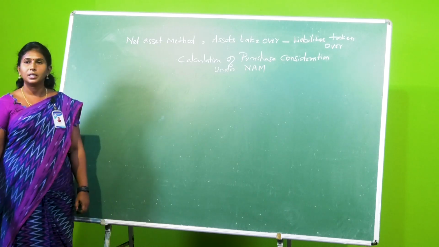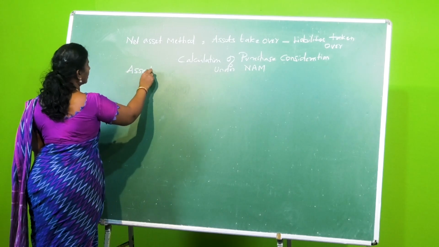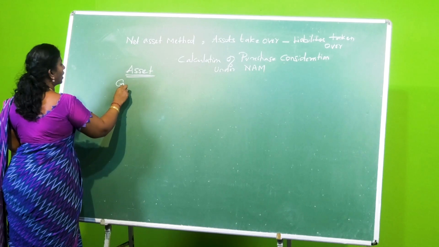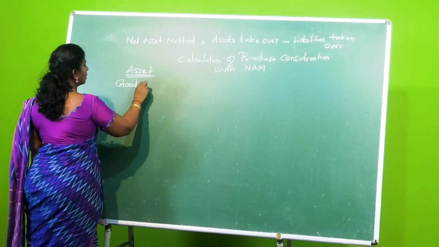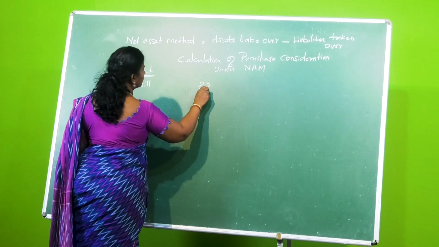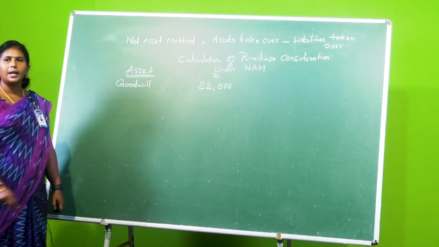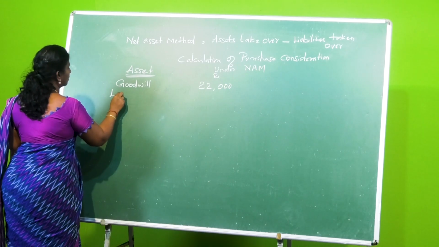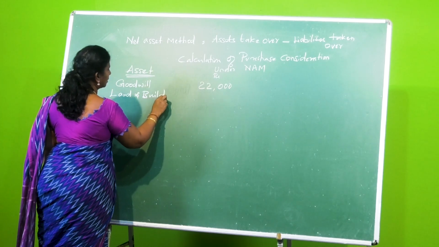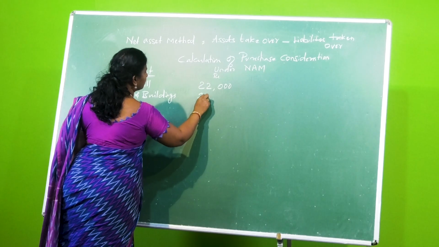First, we have goodwill. The agreed value of assets has to be taken. First, you have to take goodwill. In goodwill, the agreed value is 22,000. Okay. And we have land and building. Land and building, we have 25,000.